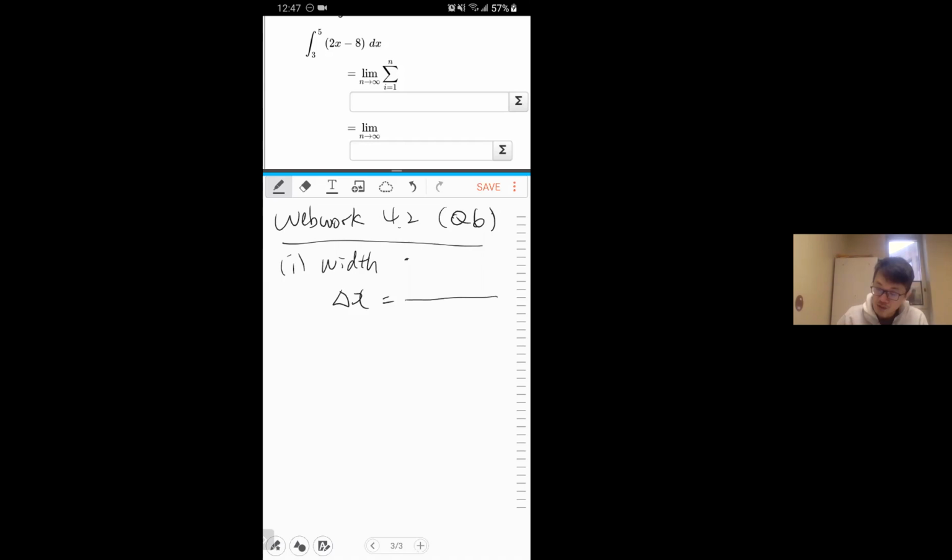The length of the interval is 5 minus 3, where 5 is the upper limit and 3 is the lower limit. Then you divide that by the number of rectangles, and we assume we're taking n rectangles. So delta x is 2 over n. Is it okay so far?